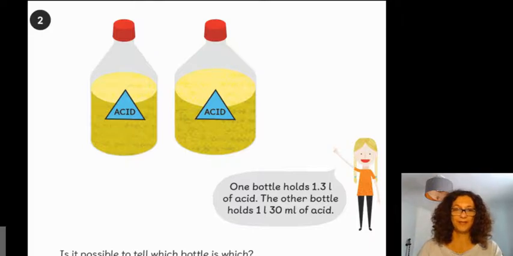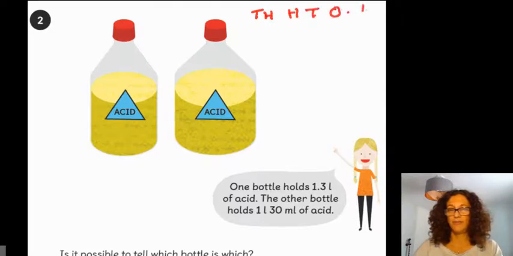And welcome back. Right, let's convert the 1.3 to millilitres so we've got the same units of measurement. So let's do our thousands, hundreds, tens and ones, and our tenths. And we've got 1.3. We're multiplying by 1,000.